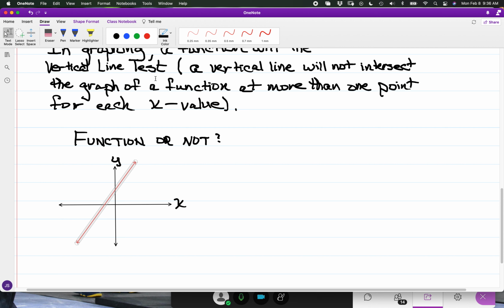There we go. We'll say we have the graph of y equals 2x plus 4.